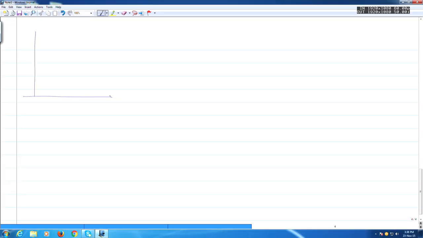Okay, so now I'm going to look at this, and this. Again, you can think of that as a velocity profile.